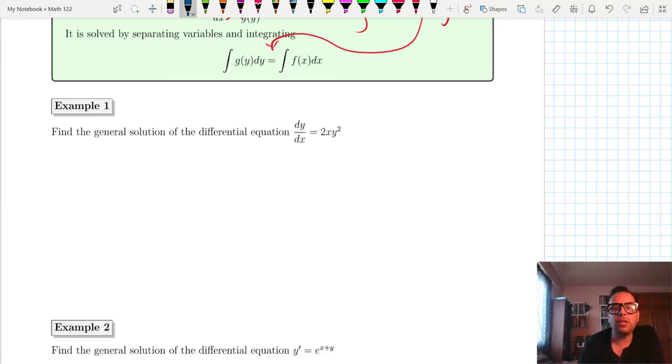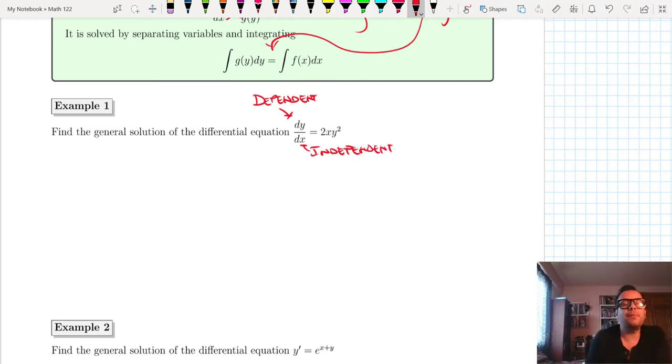Okay, let's solve the first equation by separating the variables. All right, so this is what I'm going to do. Just like we solved the algebraic equations, we keep the variable on the left and the constant terms on the right. Here we are going to keep the dependent variable on the left and move the independent variable to the right.